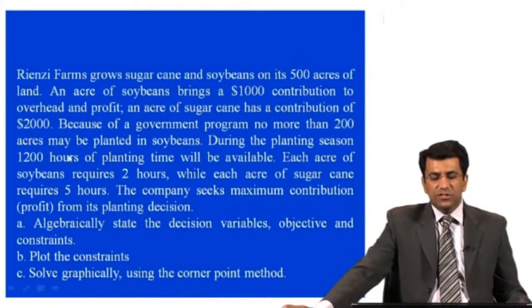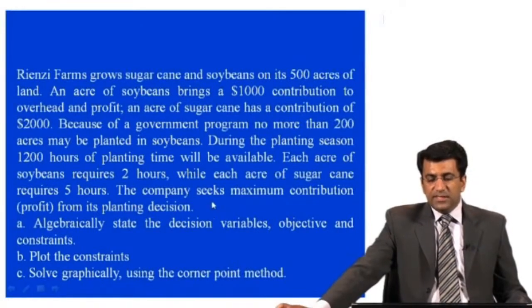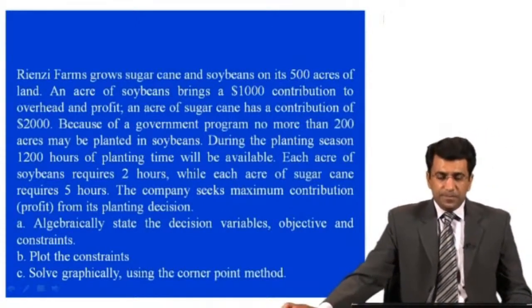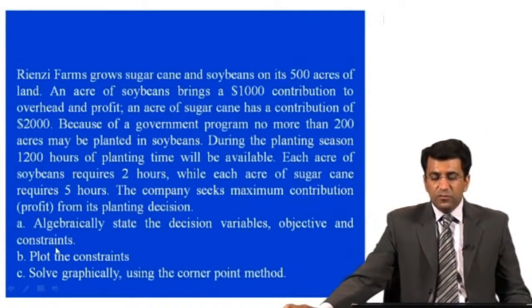The company seeks maximum contribution, that is the profit, from its planting decision. After analyzing this situation, we can identify the decision variables, the objective function and the constraints. We will have to plot the constraints and solve it graphically by using the corner point method.